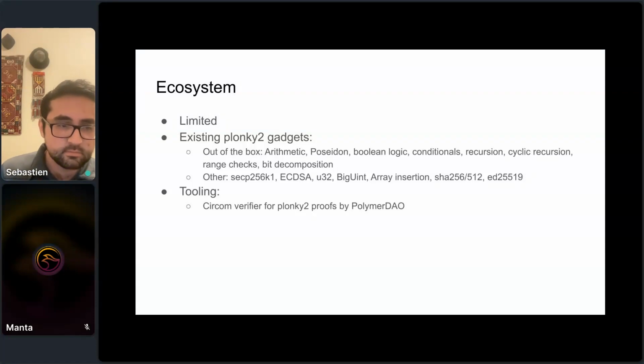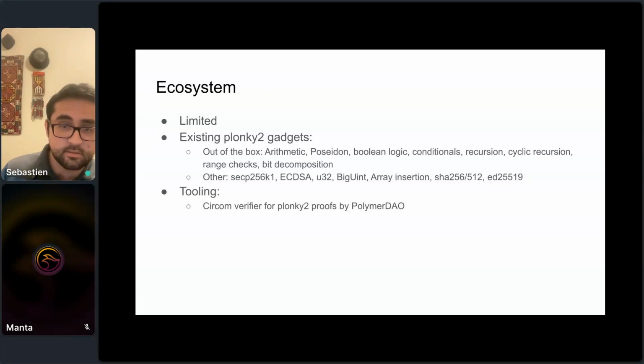We have some curve gadgets for both Ethereum signatures and ed25519 signatures, which is what Near, Solana, and a lot of the other blockchains use. We have some big integer gadgets. We actually have some gadgets that mimic dynamic arrays. And there are a lot of interesting gadgets coming in the future.